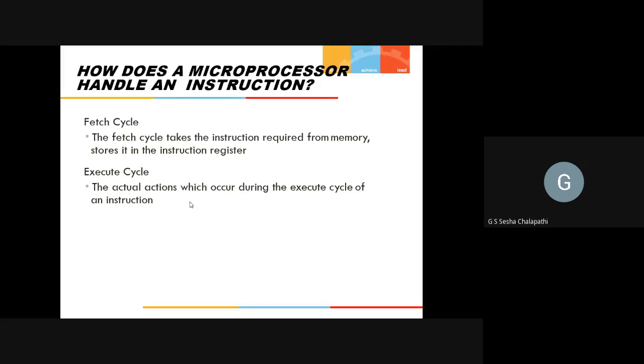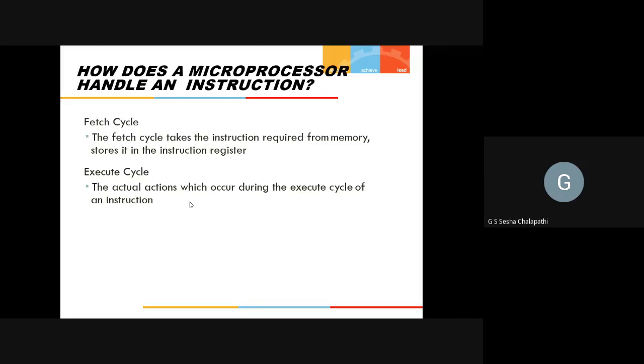Of course, if you go a little more detailed, you will have instruction fetch, instruction decode, and then execute operation, then memory operation, and then write back operation.